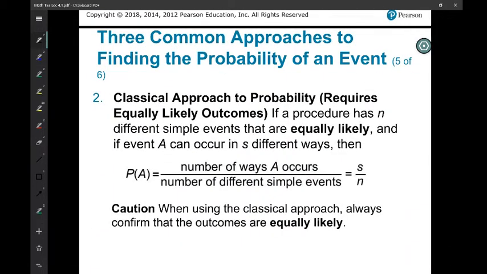The classical approach assumes that all outcomes are equally likely. We can't always use this in real-world approaches. We'll see an example here soon. But what you do is you take the number of ways that A occurs and divide it by the number of different simple events.